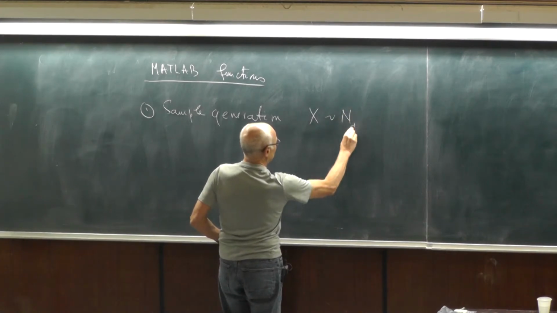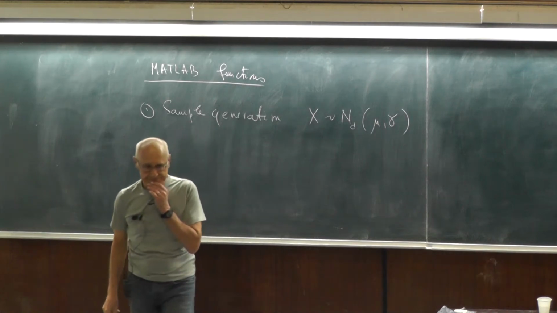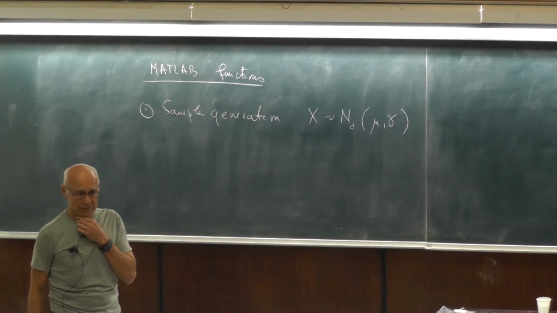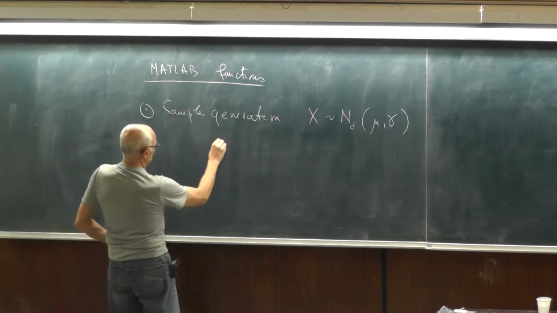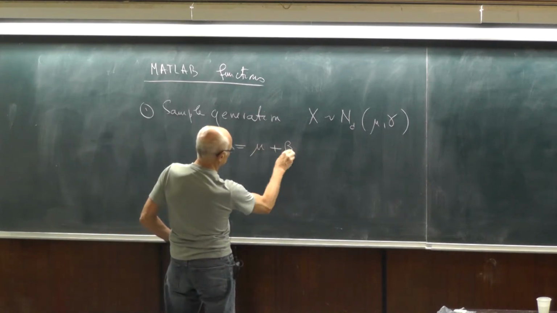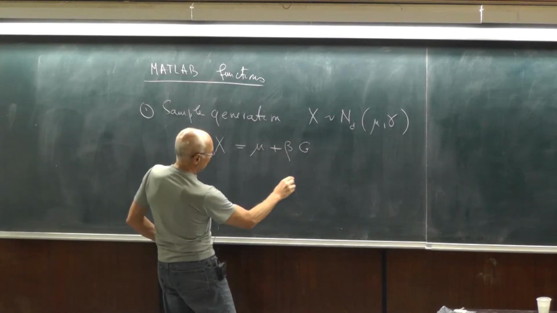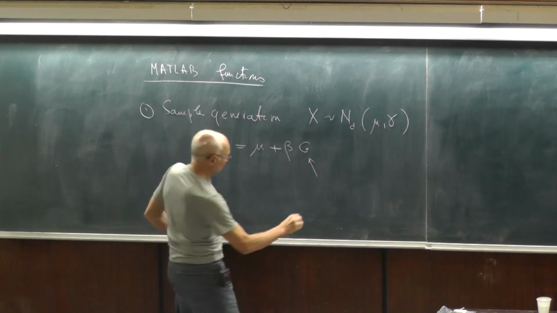So you remember perhaps our notation. So X is a d-dimensional vector with this mean and variance. And we use the following representation. Mu is already defined. I'm using the same notation which we used earlier today.